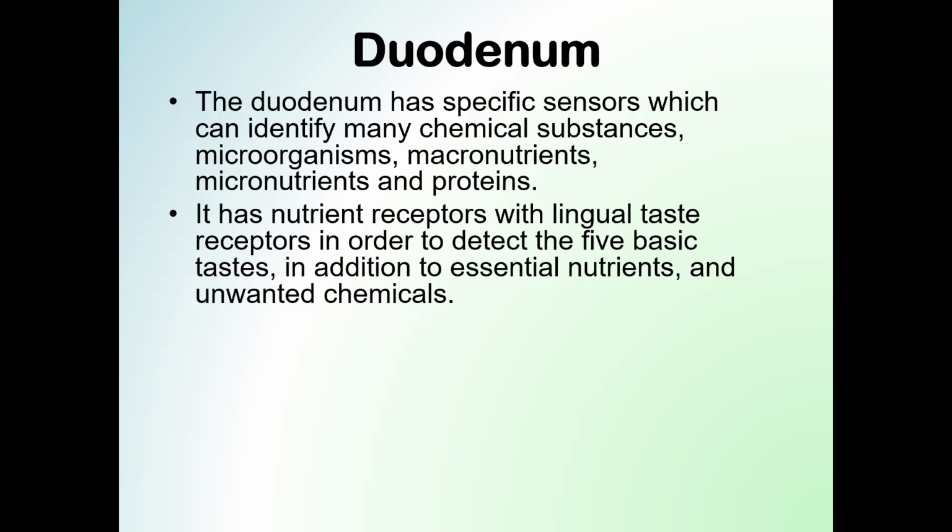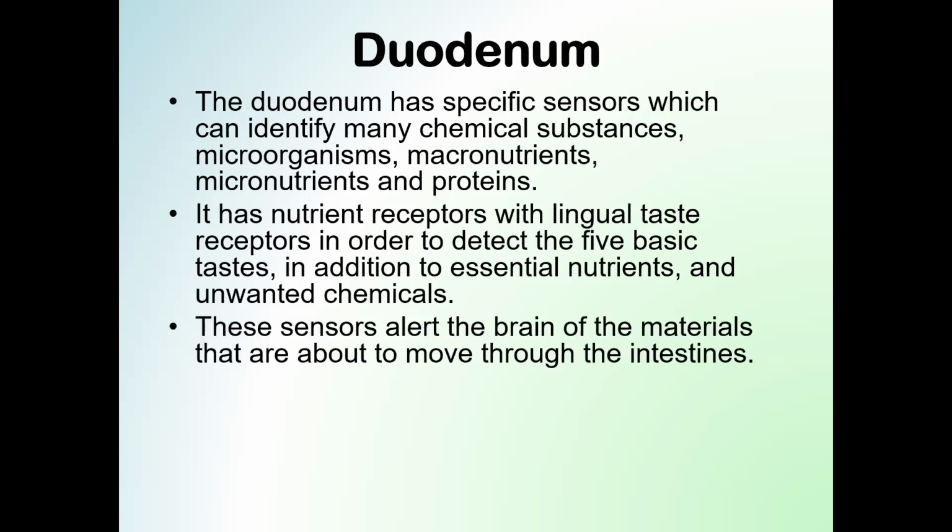And then these sensors send messages to the different parts of that system to produce the digestive liquids to digest whatever is coming through. So it's not everything, you don't throw everything at it. So very specific.